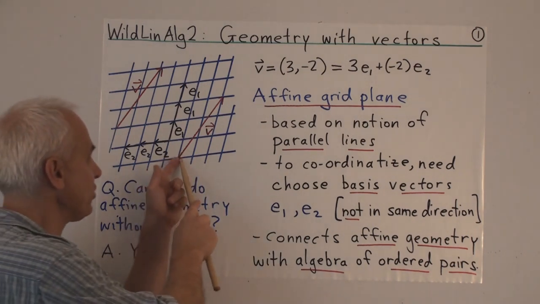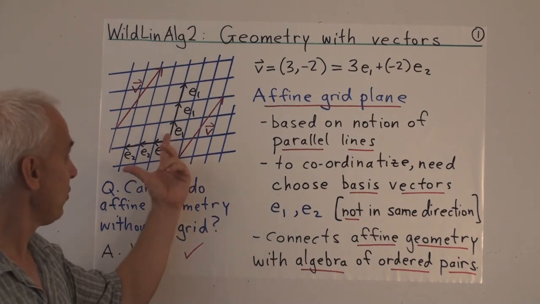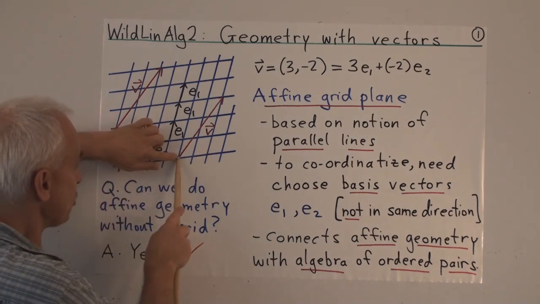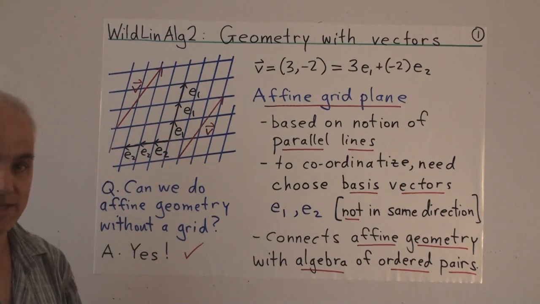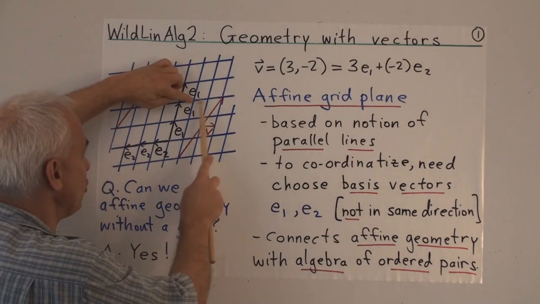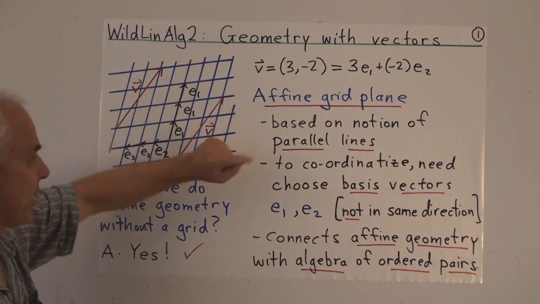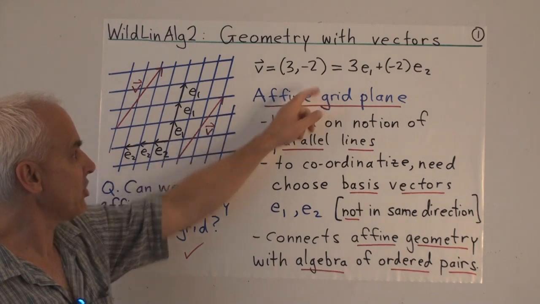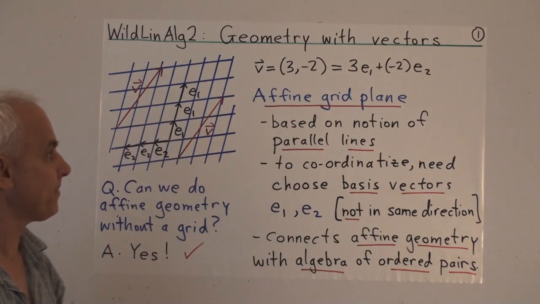Then I remind you that if we want to express a vector V, like this, in terms of these two basis vectors, we can say to go from here to here means we have to go in the E1 direction 3 steps, and then in the E2 direction minus 2 steps. So the vector V is written 3 minus 2 with reference to this fixed grid plane.